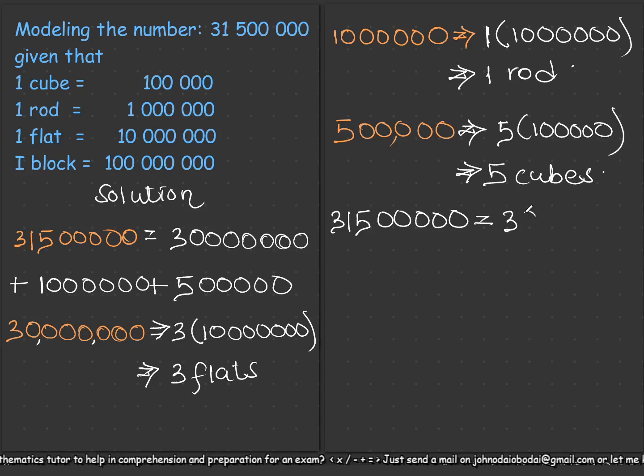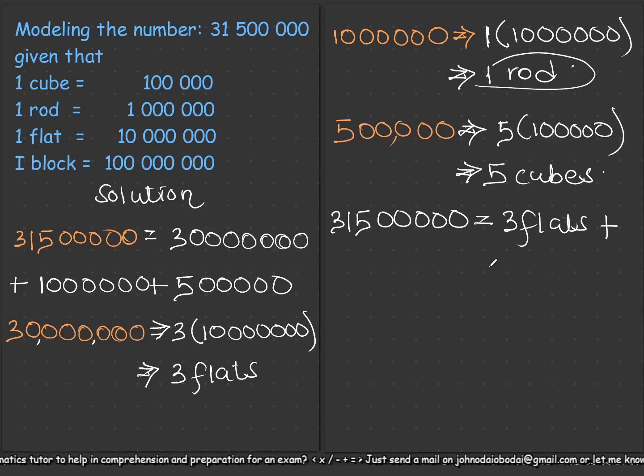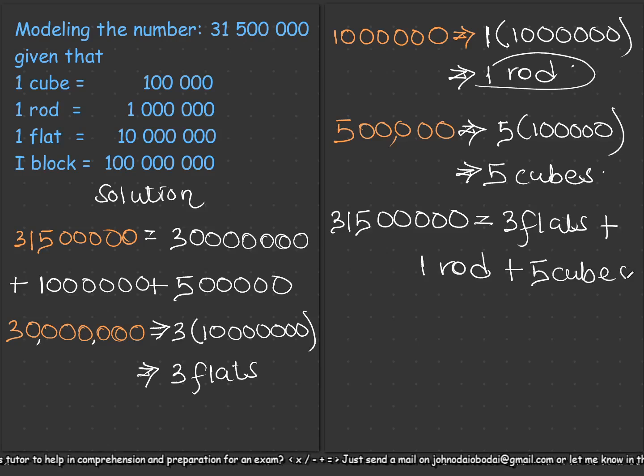So that is 3 flats plus 1 rod and then plus 5 cubes. You see? So we now want to represent this visually.